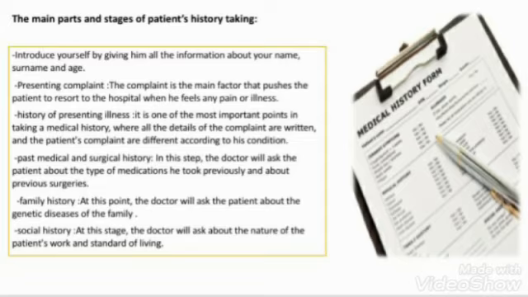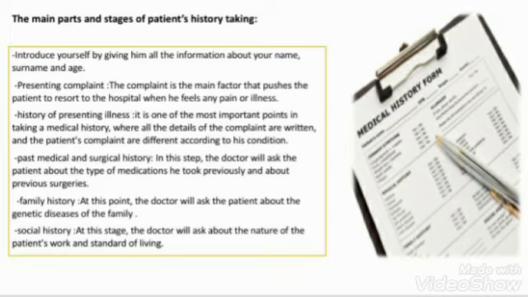It is one of the most important points in taking a medical history, where all the details of the complaint are written, and the patient's complaints are different according to his condition. Past medical and surgical history.